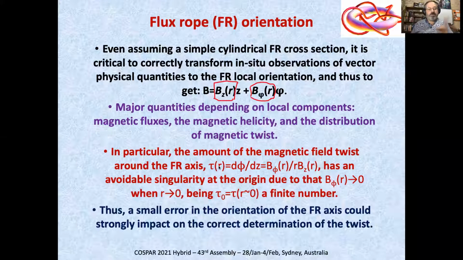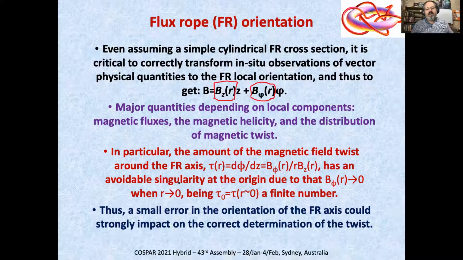R is the distance to the axis of the flux rope, and the twist is the angle that rotates the magnetic field per unit length along the axis, Z. But you can notice that the twist has a singularity because R tends to 0 when we go near the axis.